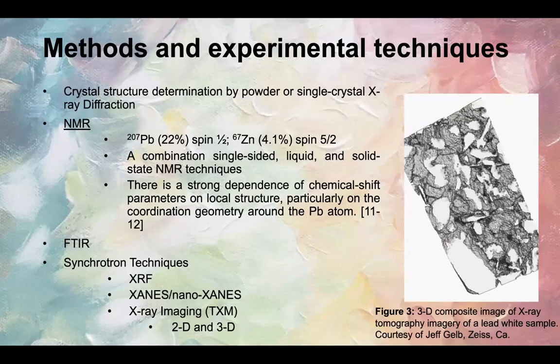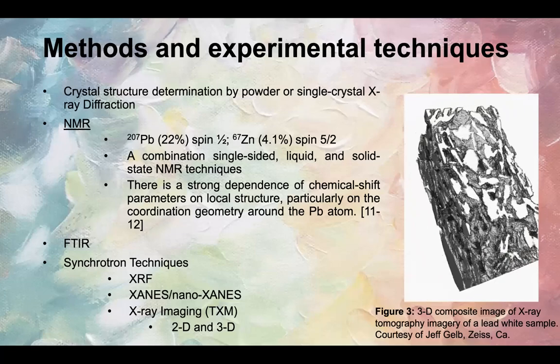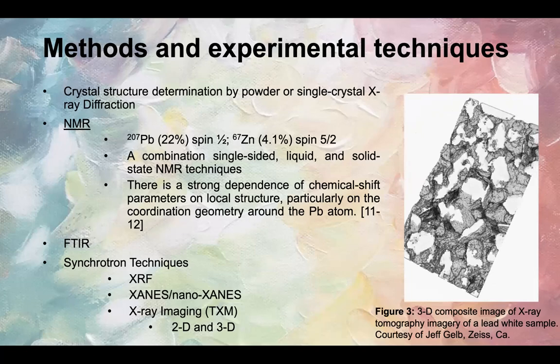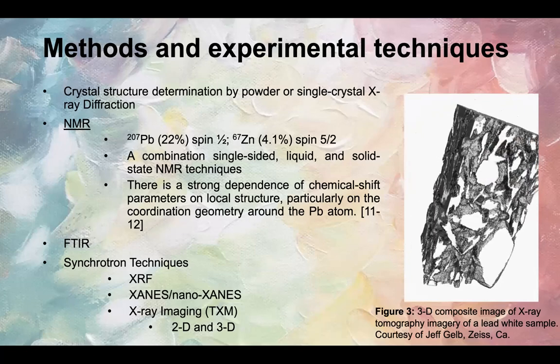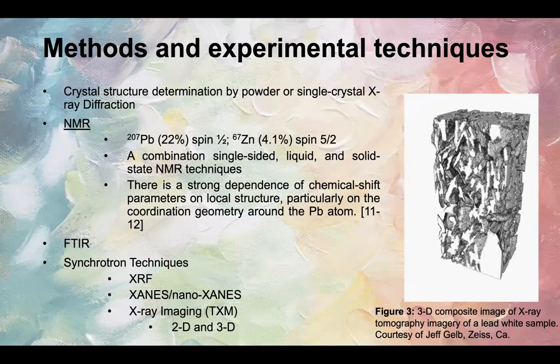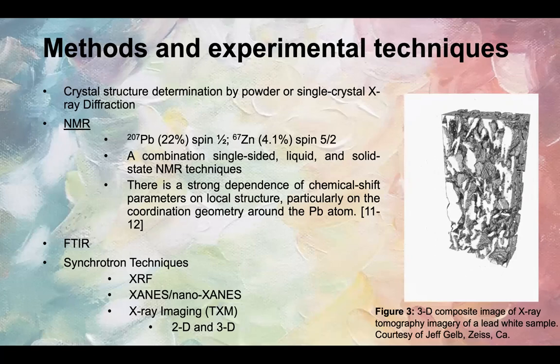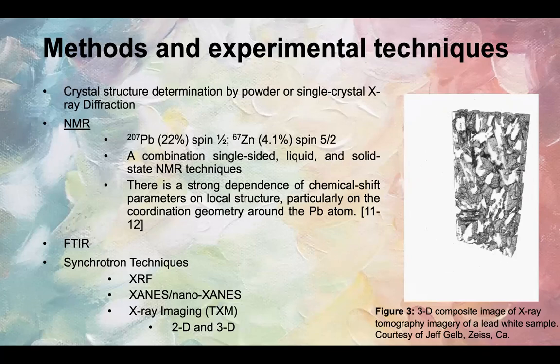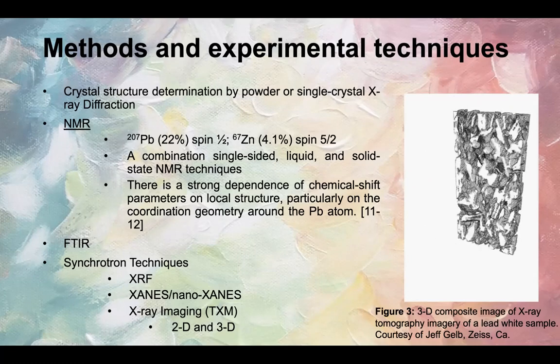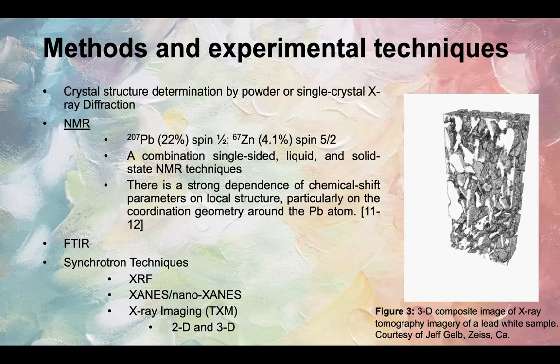So how are we approaching this? Well, we're using a number of different methods and experimental techniques to try to holistically approach this problem. First off, we are using crystal structure determination by powder or single crystal X-ray diffraction to try to learn about the structure and the packing of these soaps. Our group primarily focuses on NMR.